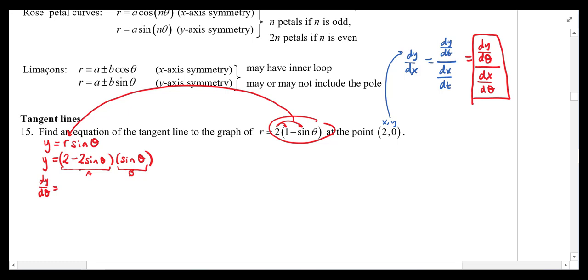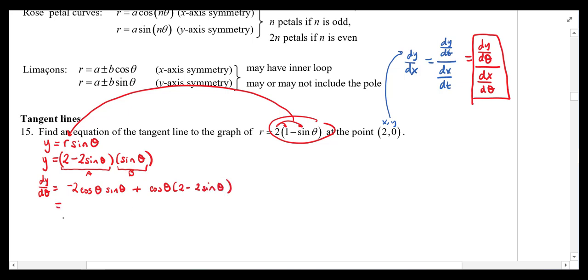Times b, which is just sine theta, plus b prime, which is cosine theta, times a, 2 minus 2 sine theta.